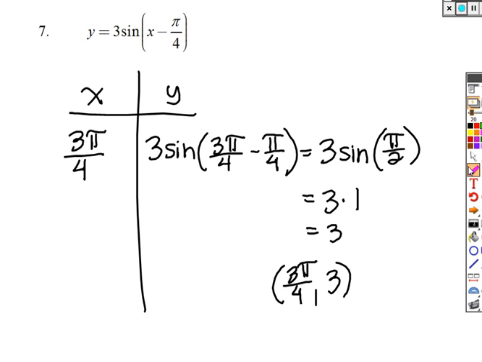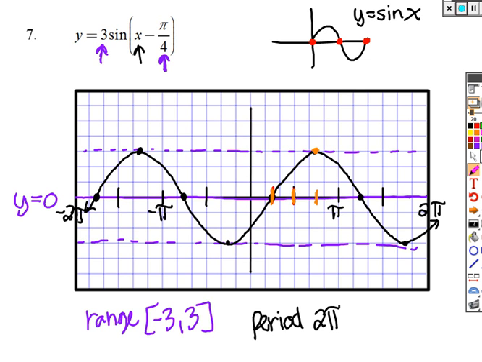So what I've done here is I'm inputting 3 pi over 4 radians in for x into the function, and what comes out, so 3/4 pi minus 1/4 pi should leave me with half pi radians. So sine of pi over 2 radians is 1. 3 times 1 gives me out 3. So this should be the point on my function, and sure enough, at 3 pi over 4 radians, I hit that maximum value of 3.